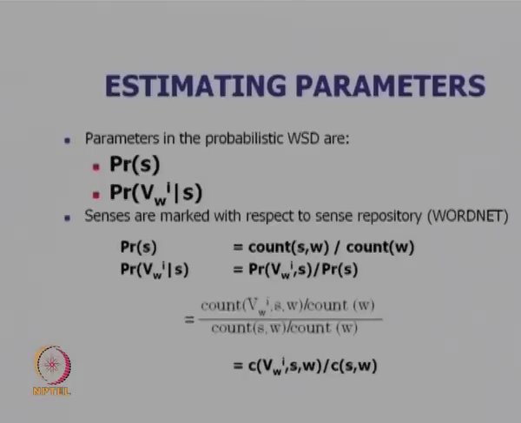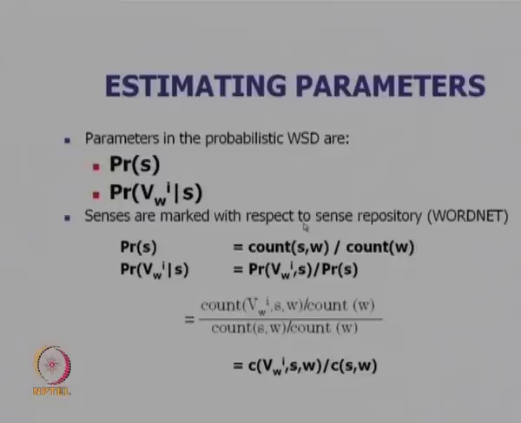Proceeding further, the next task that we are faced with is the task of estimating the parameters, namely the probability values. So, the parameters that we have are the prior probability of sense P(S) and another probability of an individual feature, P(V_Wi | S), the ith feature given S. How do we calculate this?